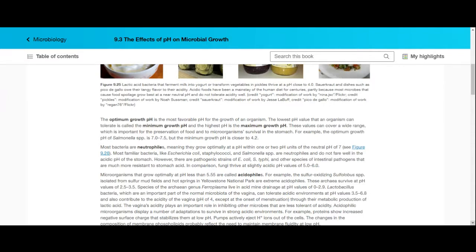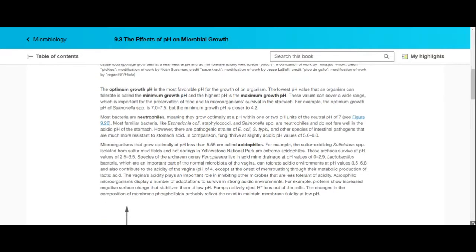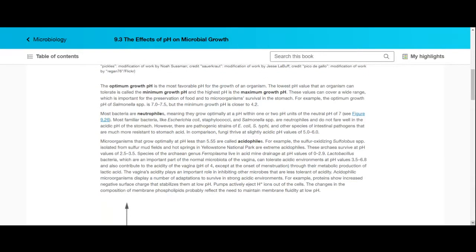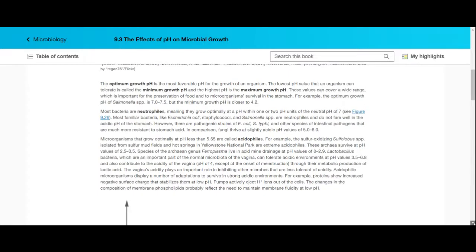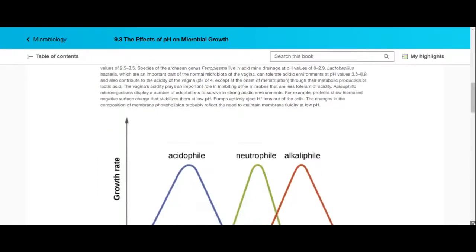They're not in the domain Eubacteria. They have adaptations that allow them to survive in that environment. They're tolerant of the acidity. A lot of times they can pump the hydrogen ions, which is what makes the environment acidic, out of their cells so that the acidity doesn't bother them.